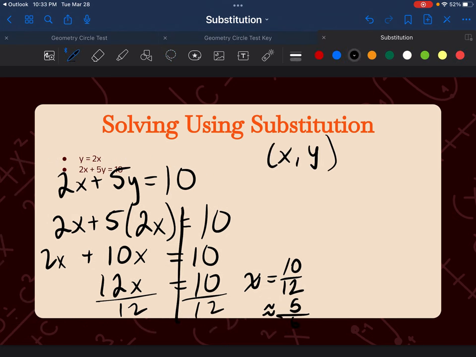So now I need my answer in terms of x and y. Again, we got our x, which is 5 over 6. Sorry if you can't see that. And we get our y from our first equation, which is equal to 2x.